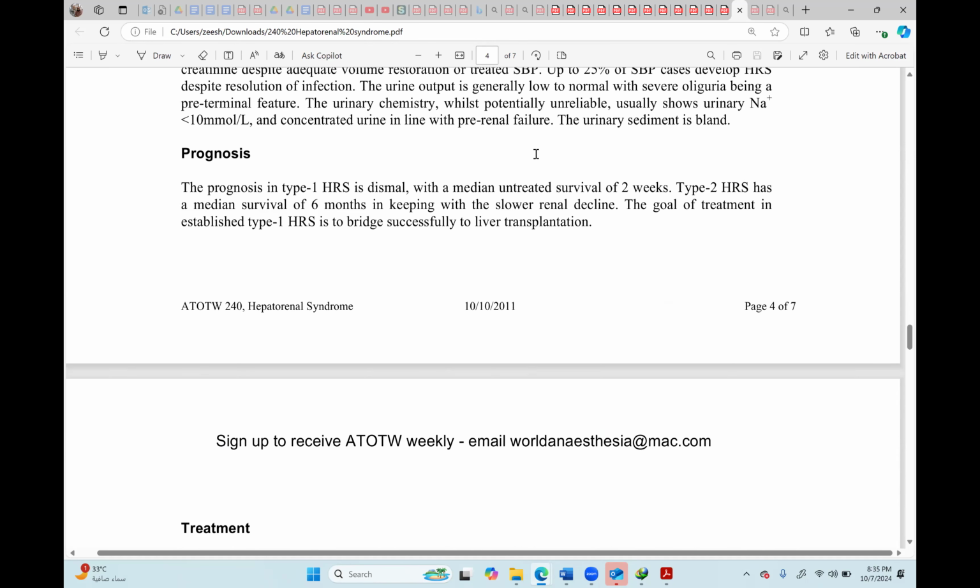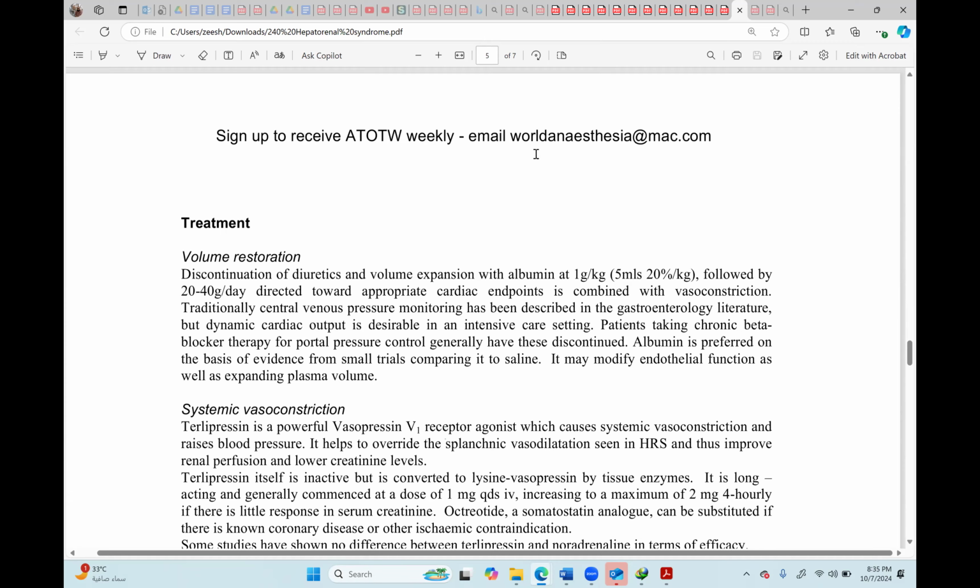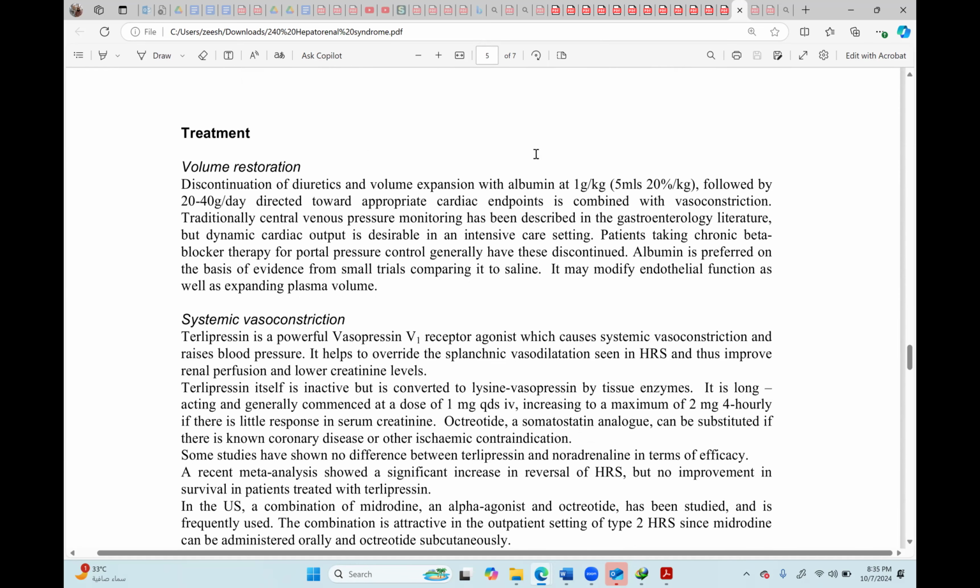There is no specific treatment. There is volume restoration by discontinuation of diuretics and volume expansion with albumin, 20 to 40 grams per day, directed towards appropriate cardiac endpoints in combination with vasoconstriction.